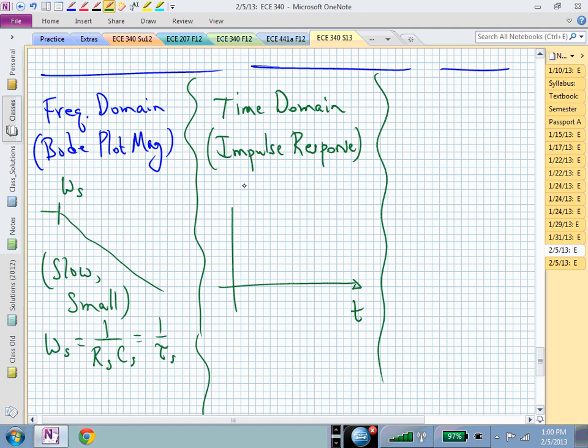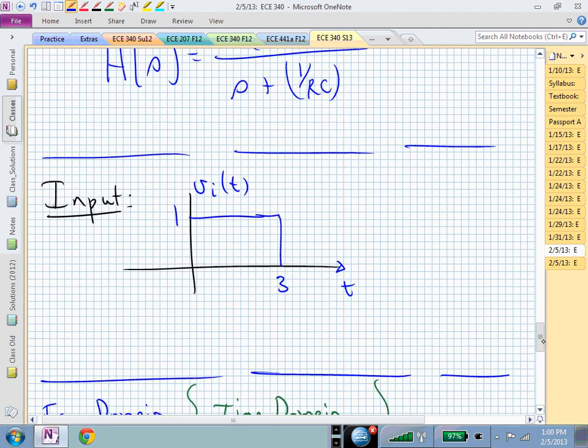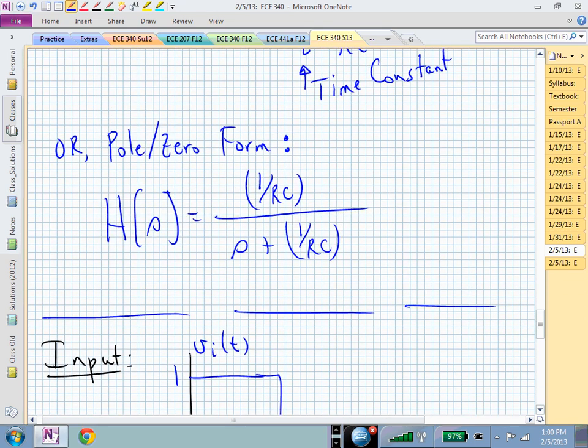Let me say that this is now h sub s of t. And what does that look like? If this was now the system, now I have 1 over tau sub s over s plus 1 over tau sub s.